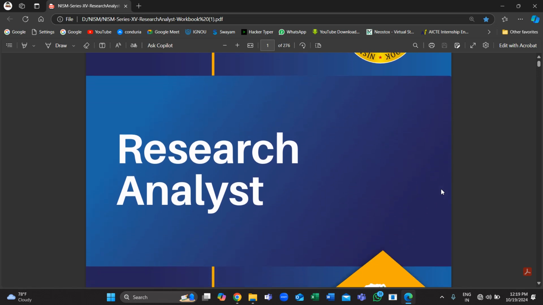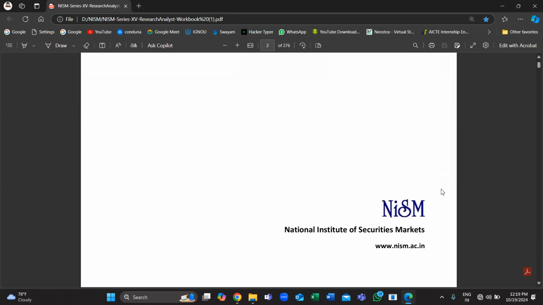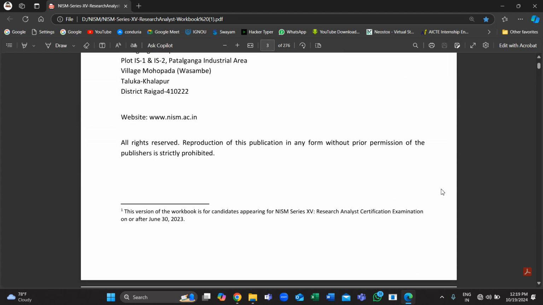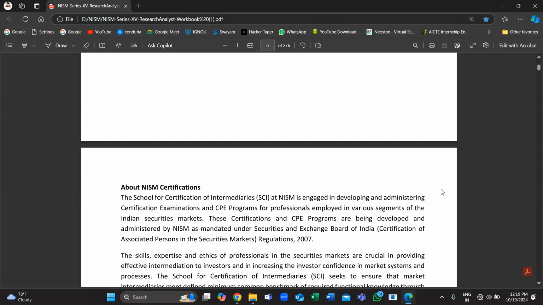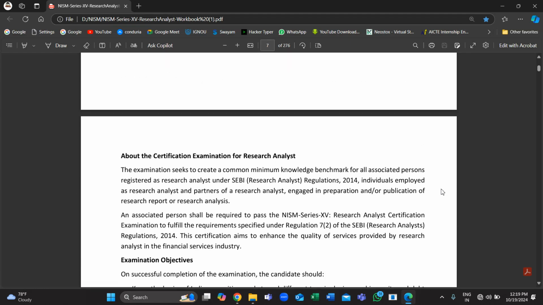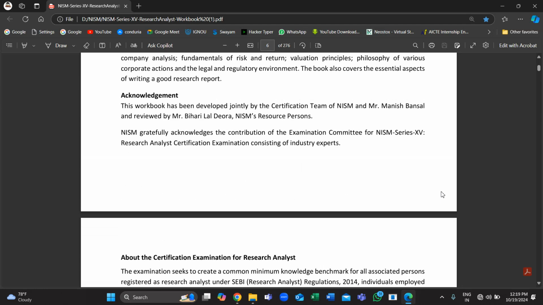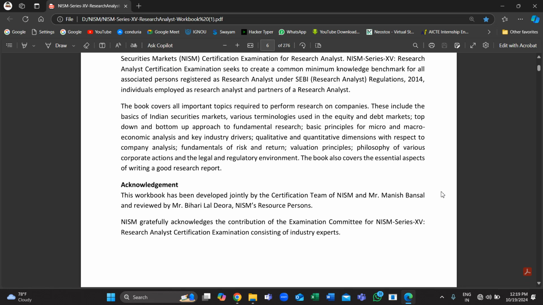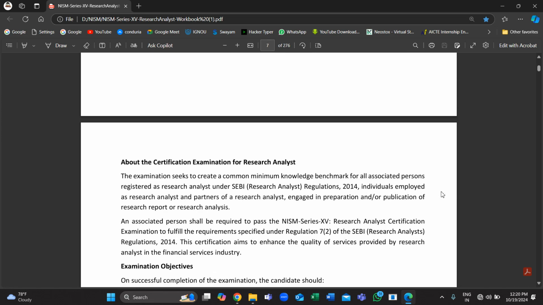So we'll discuss this NISM certification. NISM is an educational institute, an initiative by SEBI. SEBI sponsored these NISM certifications.